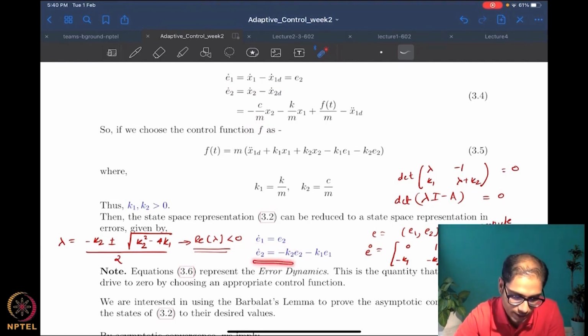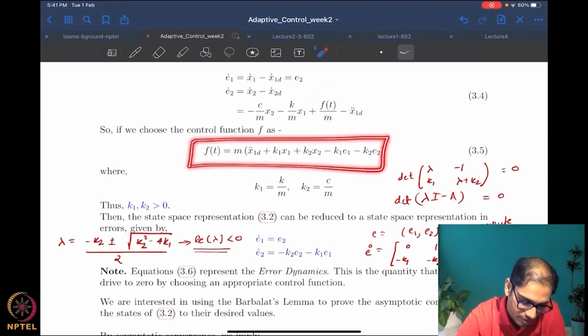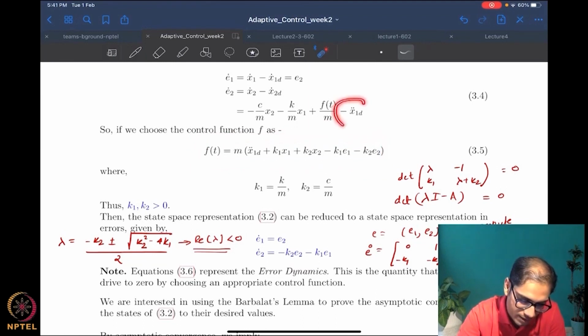So I choose this target system, and I choose this f over m in a way that my right hand side becomes this, and that's exactly what this is. I've simply chosen to cancel these quantities with some new definition here.